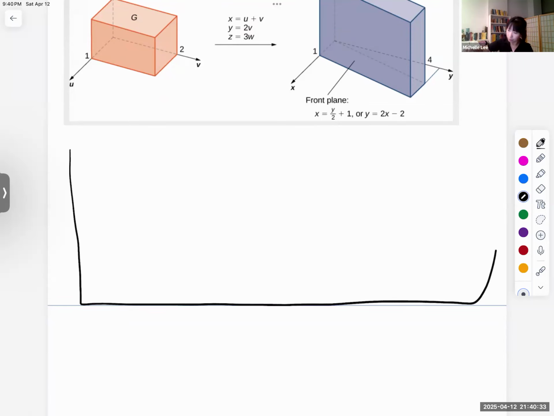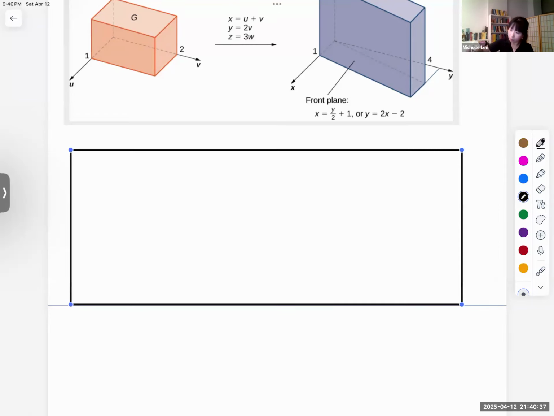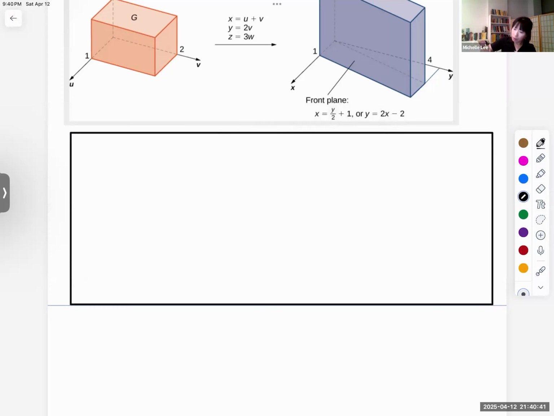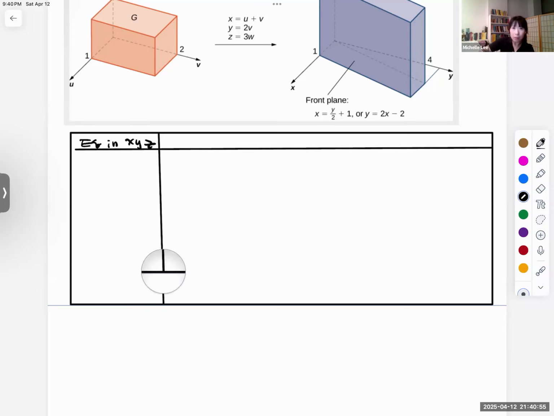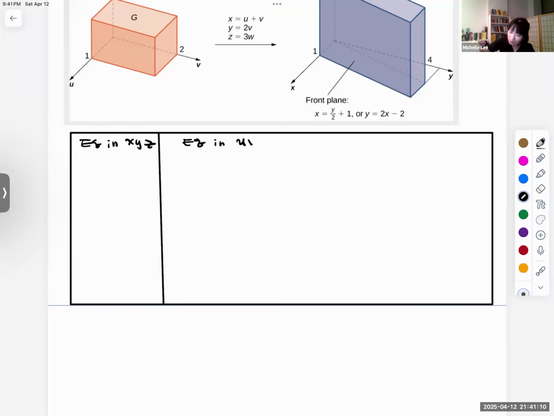Okay, so we have the equation in xyz, and the equation in uvw, right? uvw. And then the limit is here.